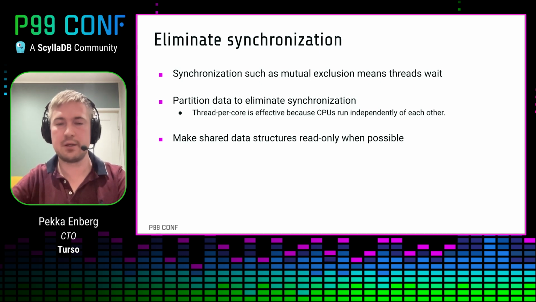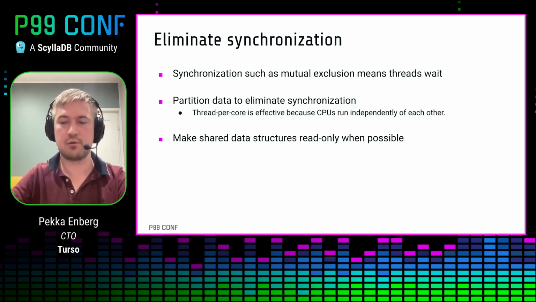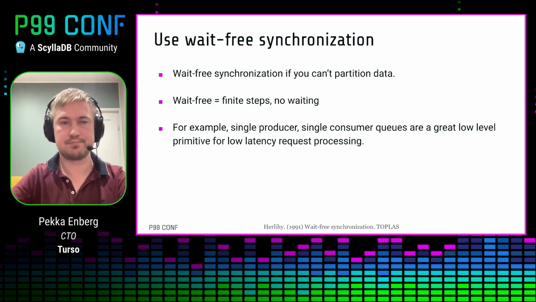So, in cases where you don't actually have to modify the data, you just make it read only. And there's stuff like read copy update and things like that to optimize cases where you just sometimes write to it. But basically, to reduce latency, eliminate synchronization when possible.